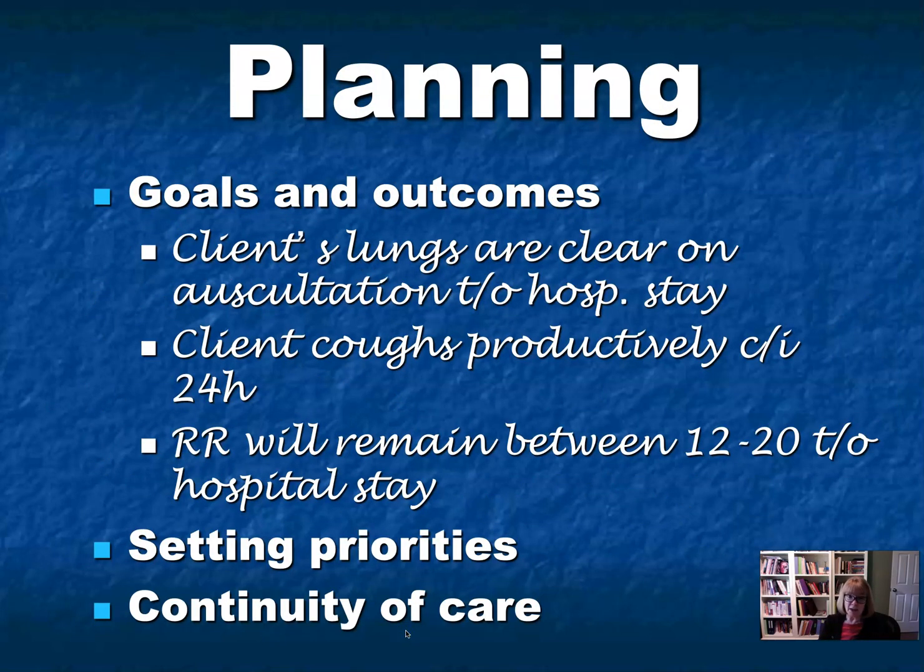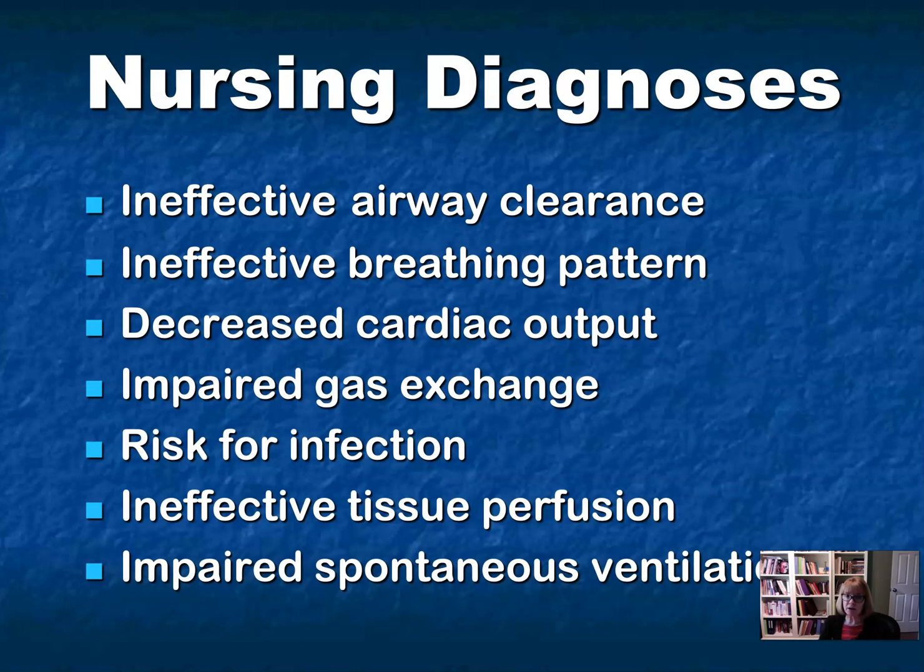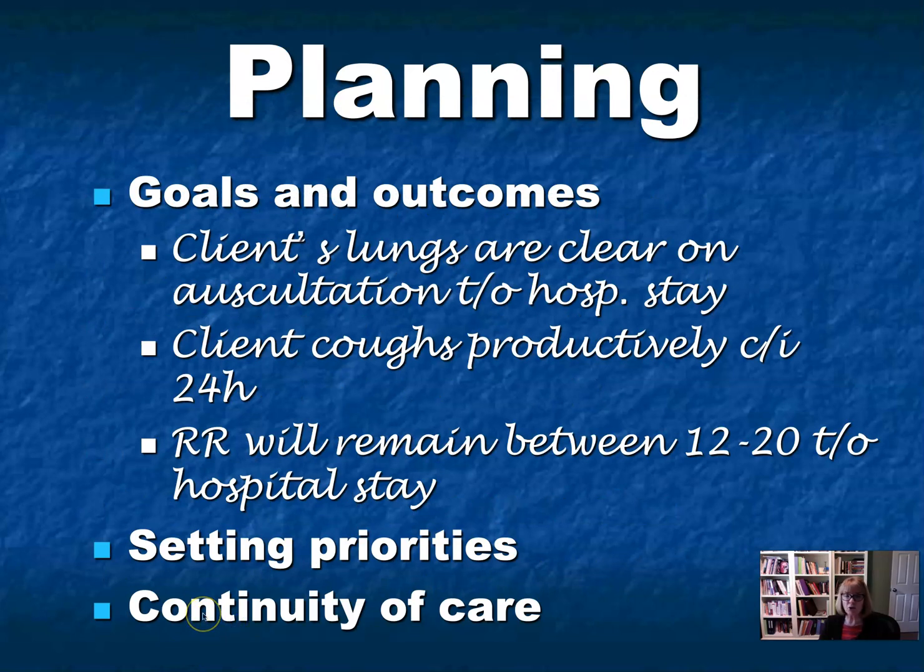When it comes to planning, here are a couple of ideas of some measurable goals and outcomes. Let's go back here and see: maybe our client has ineffective airway clearance or ineffective breathing patterns. So what could a goal be? Lungs are clear on auscultation throughout hospital stay. Very measurable, because we certainly don't want them to not be clear.